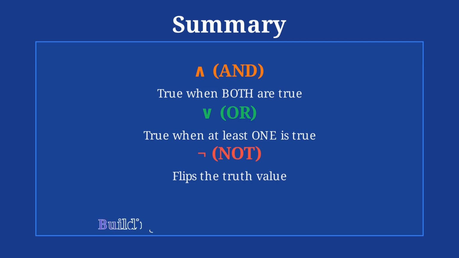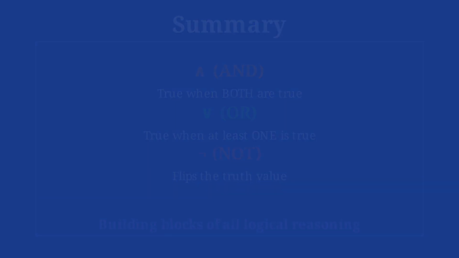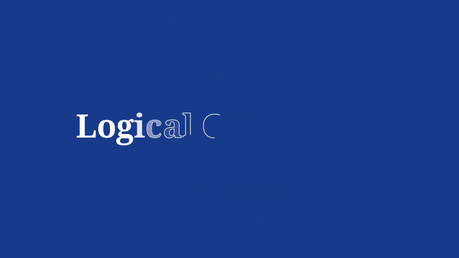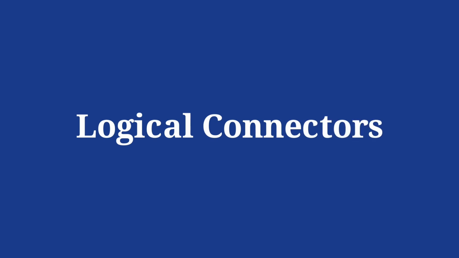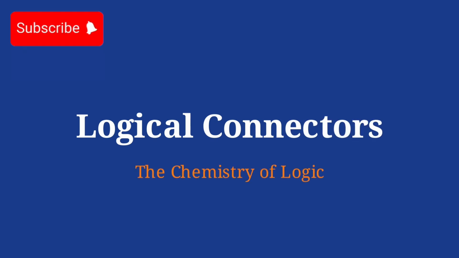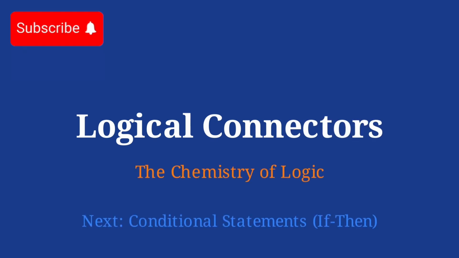And the NOT connector, not P, simply flips the truth value of P. These three simple tools are the fundamental building blocks of all logical reasoning. You've completed the lesson on logical connectors, the very chemistry of logic. Next, we'll explore one of the most important structures in logic, conditional statements, also known as if-then.